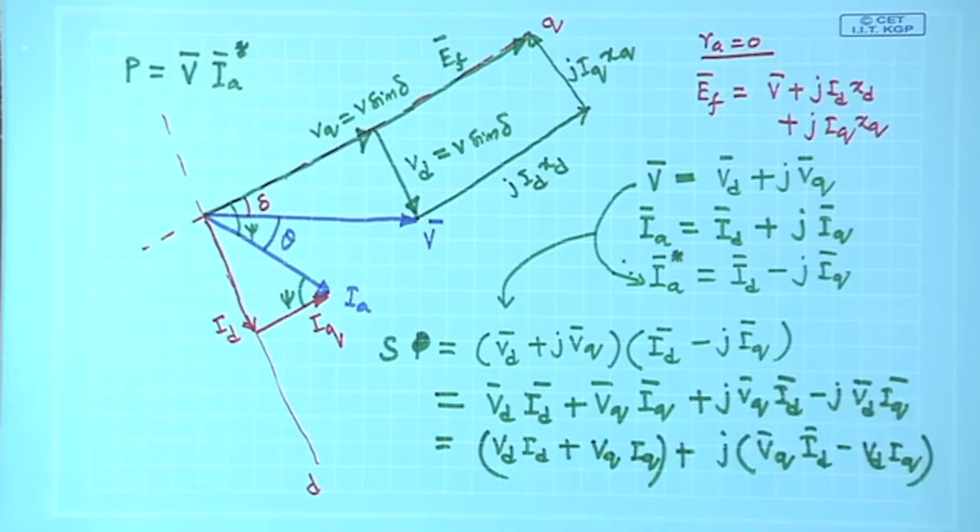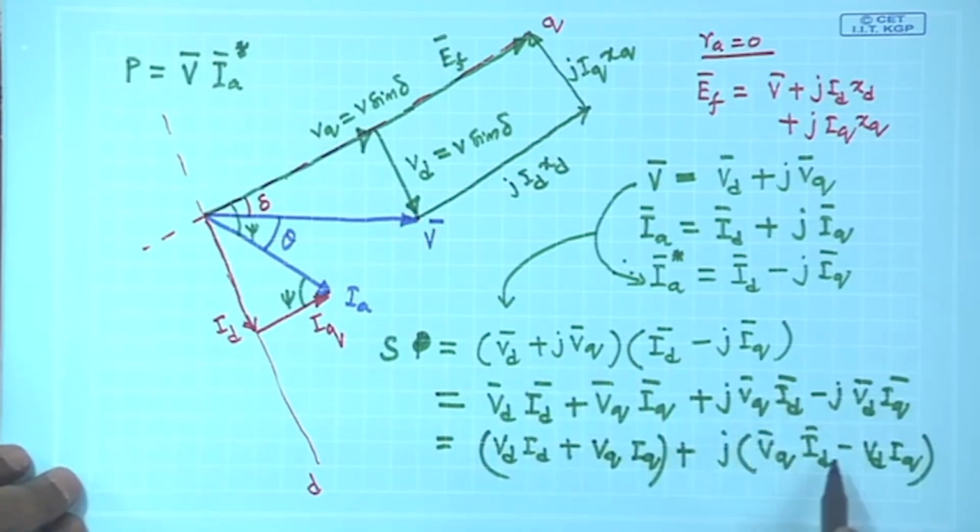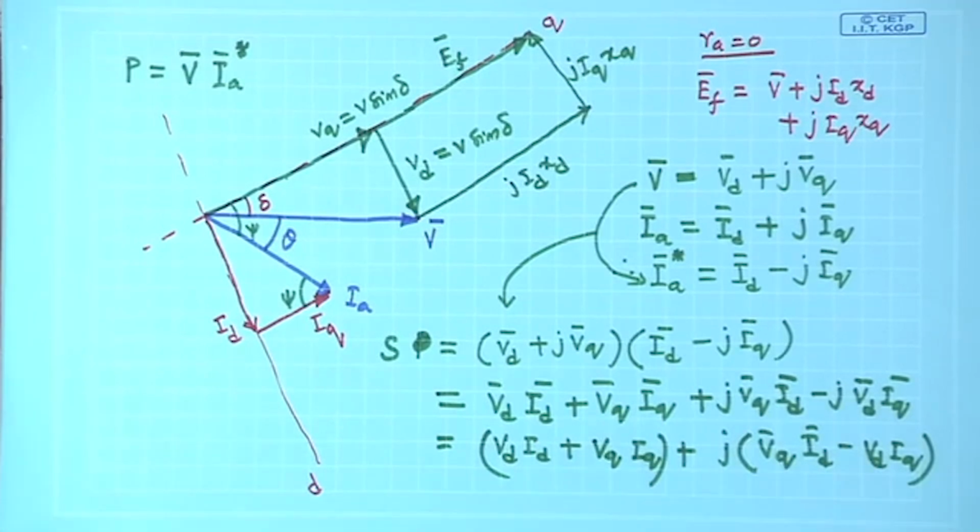This will be the thing, and these are only magnitudes, V_q into I_d and this one.